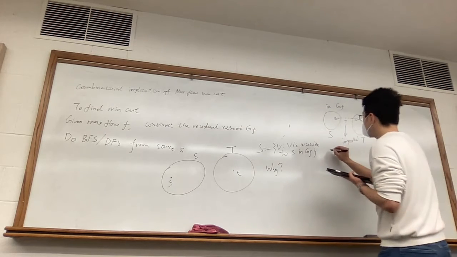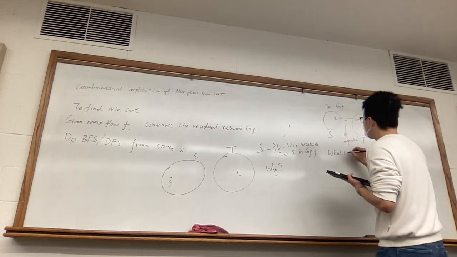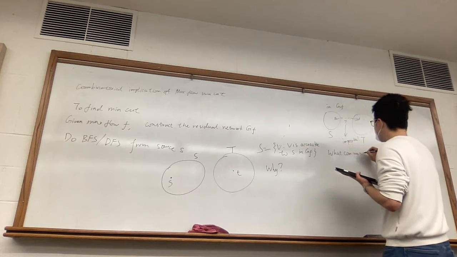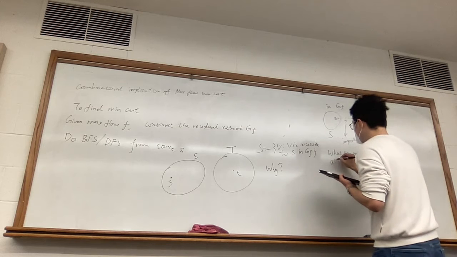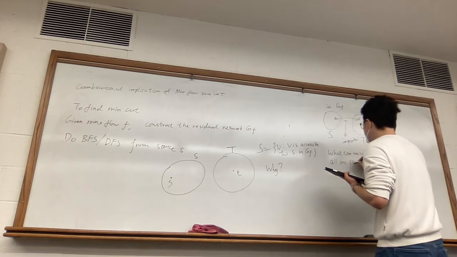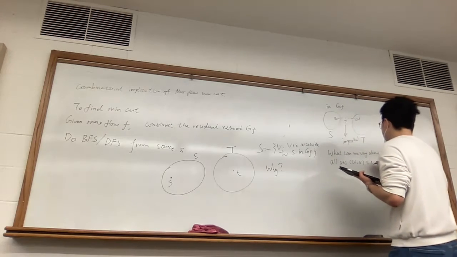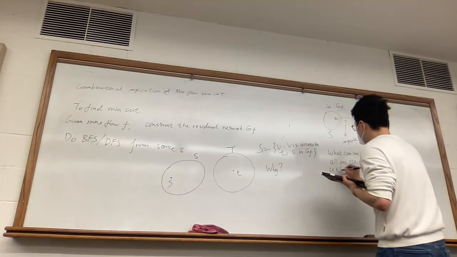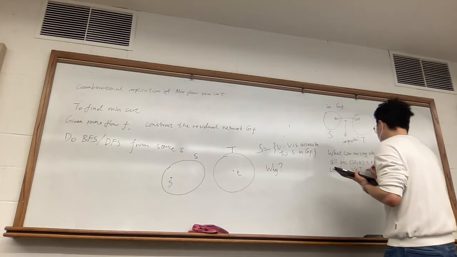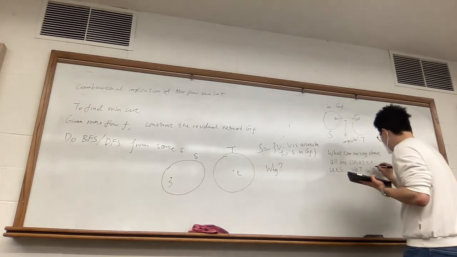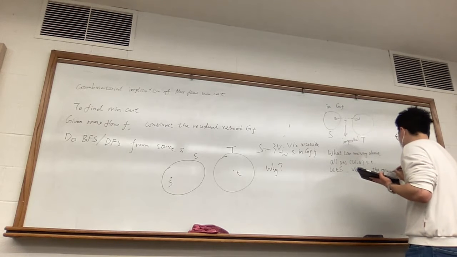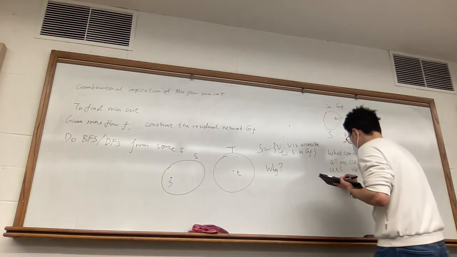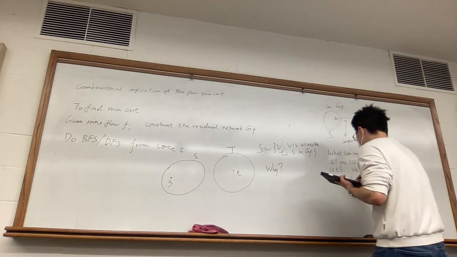Then what can we say about arc UV such that U is in S, V is in T in the original graph G?